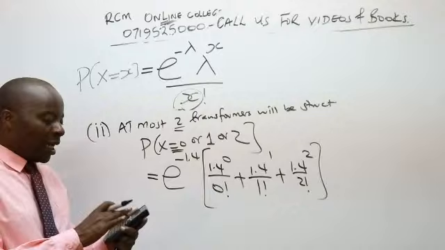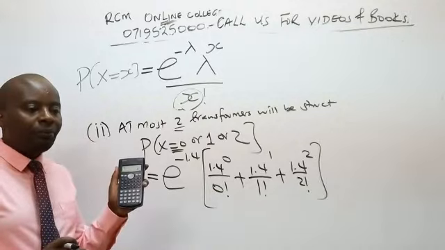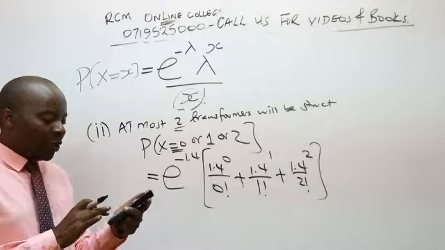So first of all, e. We have shift e, minus 1.4, equals first.